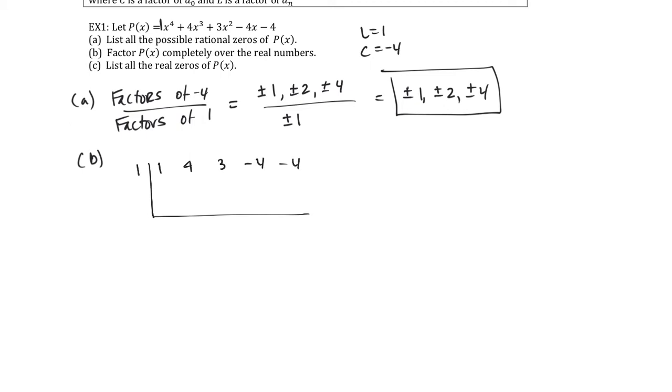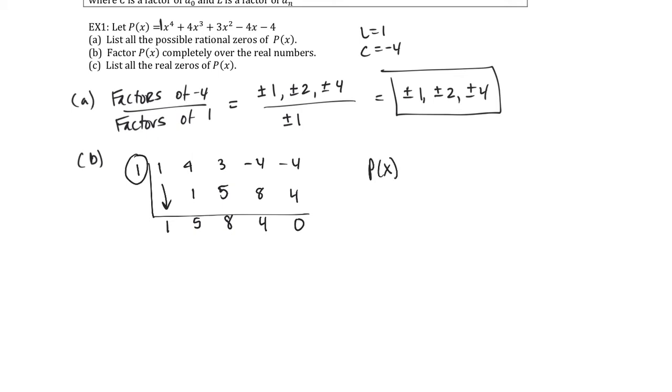If x equals 1 were a zero, I'm just going to check. Okay, so bring down the 1, multiply 1 times 1 is 1, add those together, multiply 1 times 5 is 5, add those, multiply 1 times 8, and add those, we'd get a 4, 1 times 4 would be 4. Okay, so we have a remainder of 0.